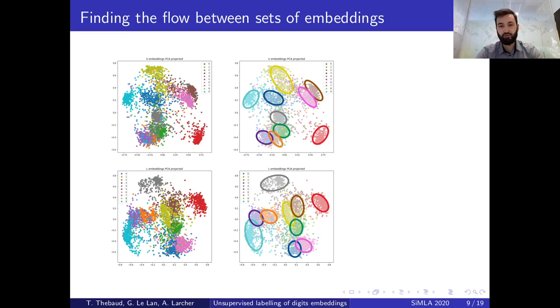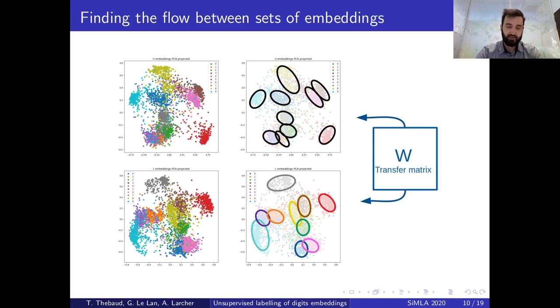And what could we guess from there? In this attack, firstly, we're not supposed to know the labels of the U embeddings. So once clustered, we have 10 clusters of U, unlabeled, and 10 classes of L, where we know the label associated to each of the L classes.